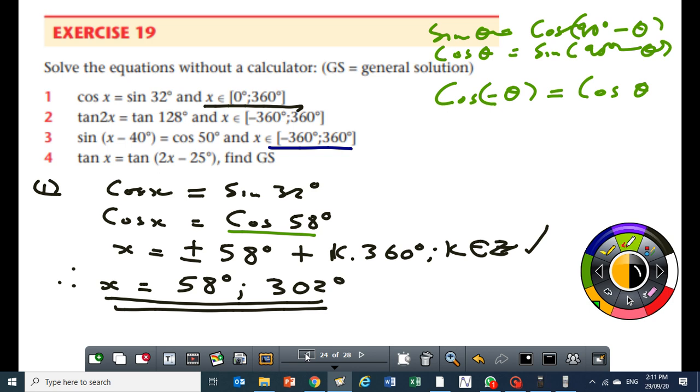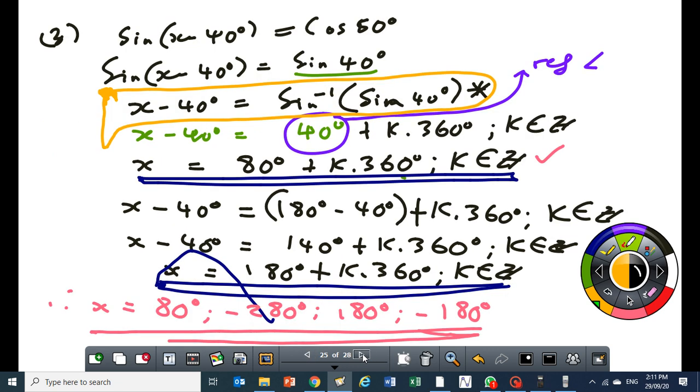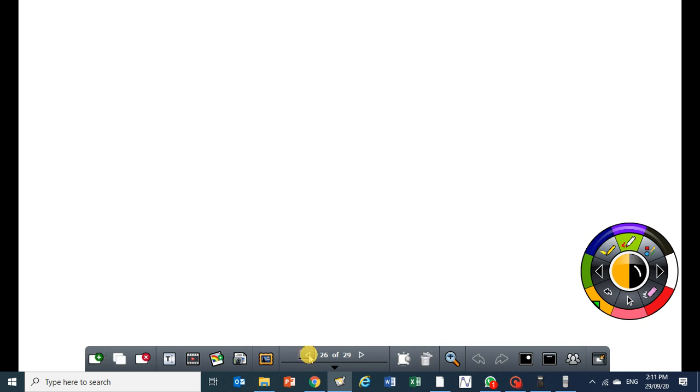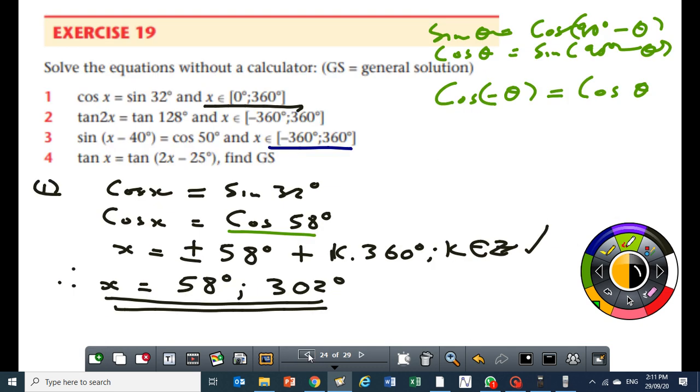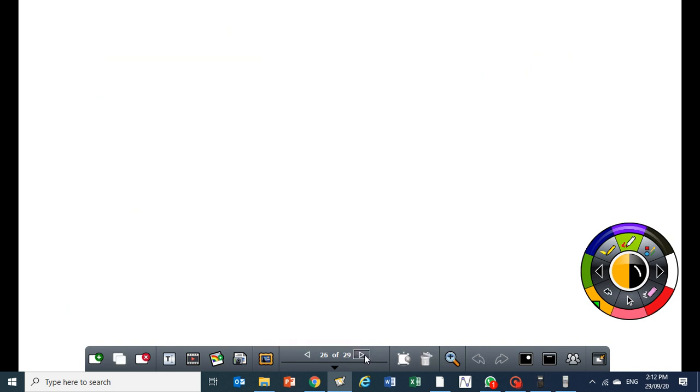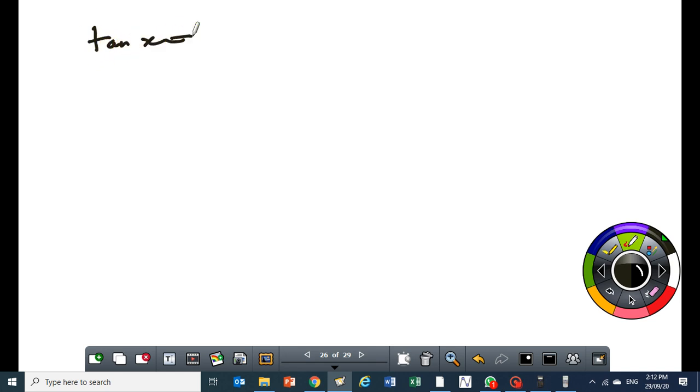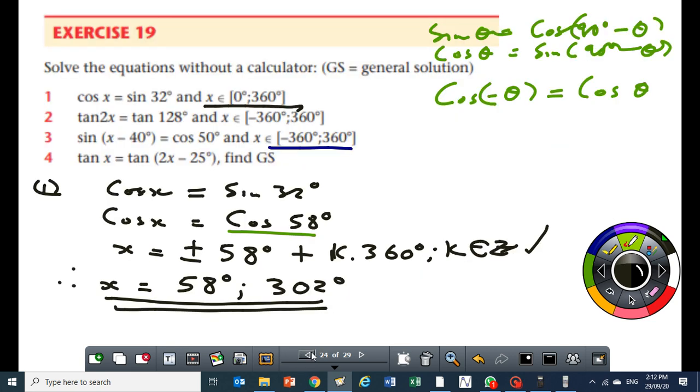Let me move on to the next page, number 4. Number 4 is tan x equal to tan 2x minus 25.